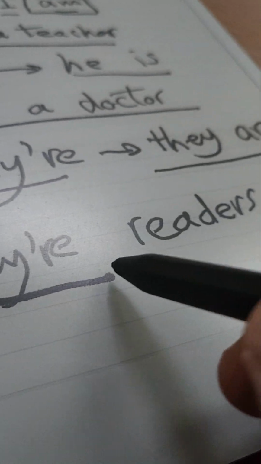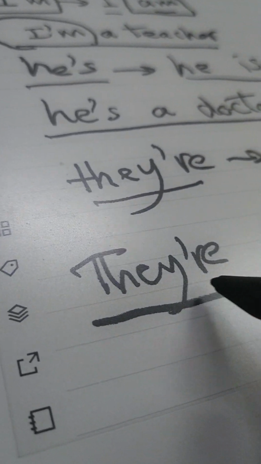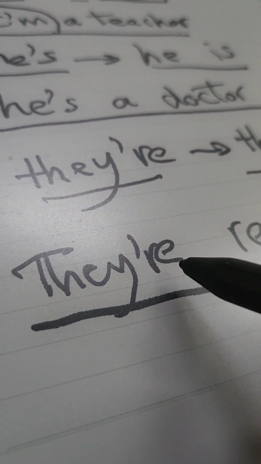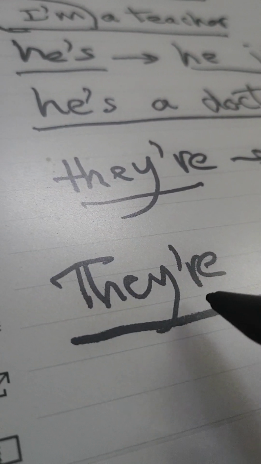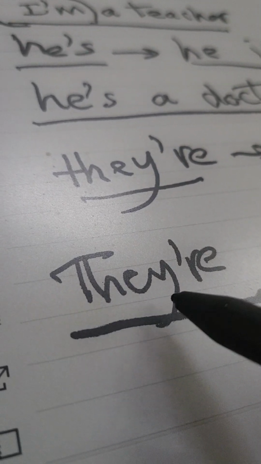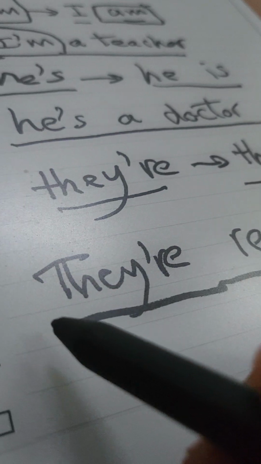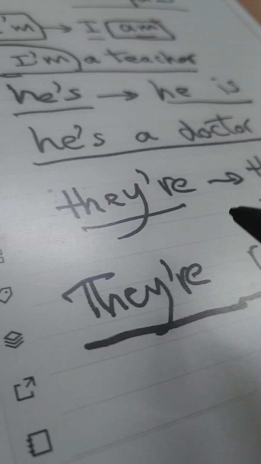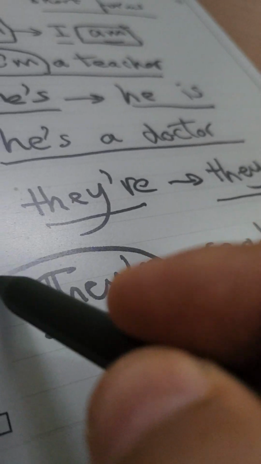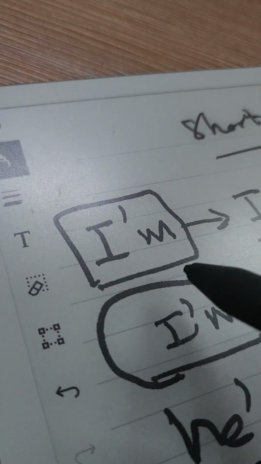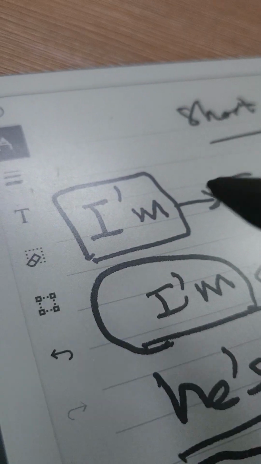They're readers. Not they are. That's wrong. And Americans sometimes say the re. So they're readers, but not they are readers. So again, he's. Okay.